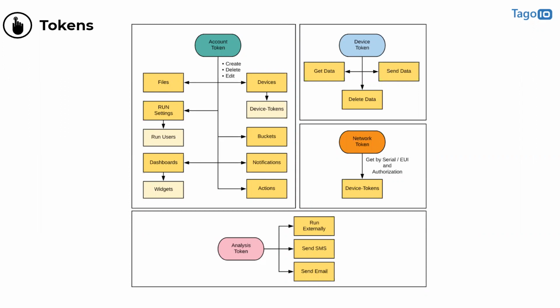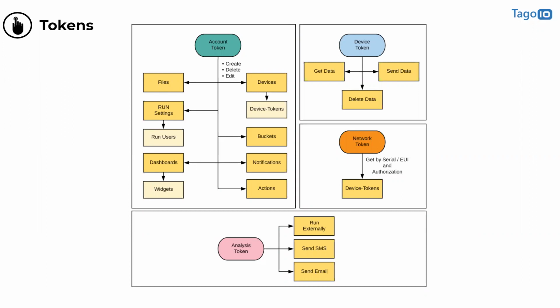So it's very good if you want to have your own network or just want some way to find your devices using the serial. And of course, the network token will need you to provide a serial and an authorization from the account you are trying to look for devices in.